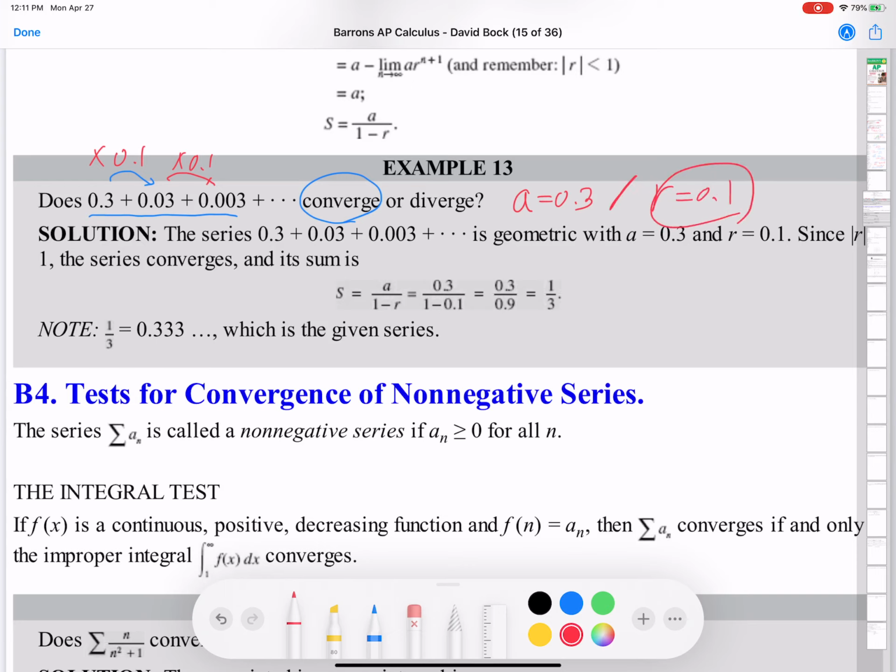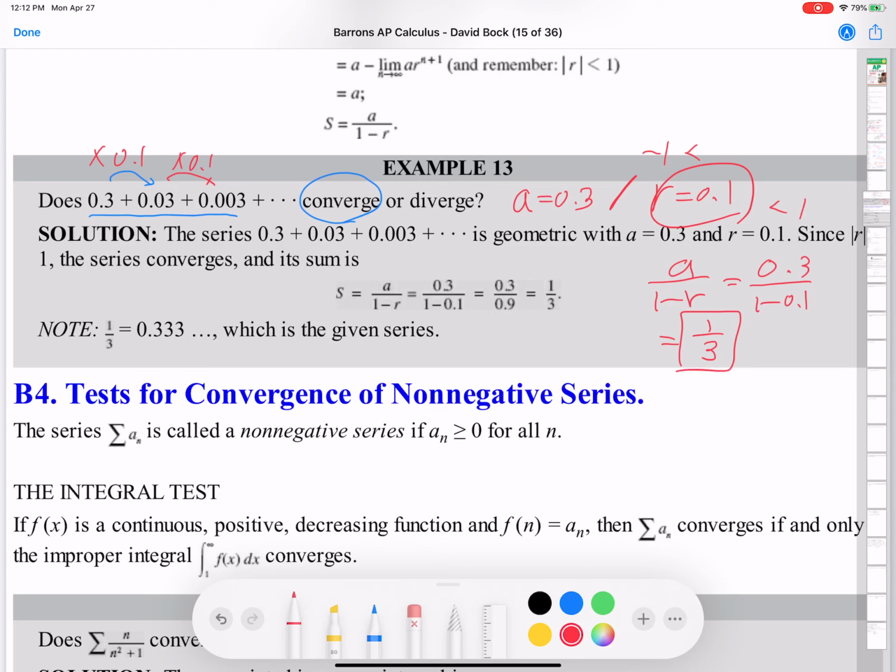Yes. That's why this infinite geometric series converges, right? So to what value? The formula is a over 1 minus r. That was the formula we memorized. So 0.3 over 1 minus 0.1, which is 1/3. So 1/3 is the answer.